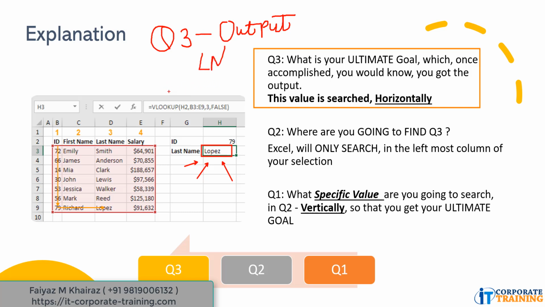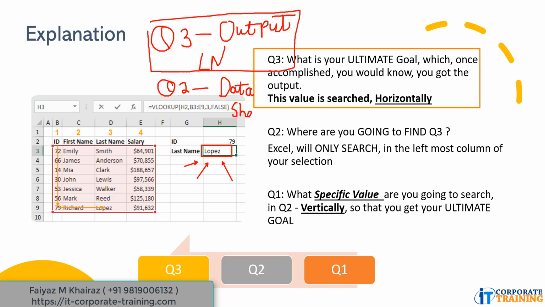Perfect. Then I would conveniently move to Q2, asking myself where will I find this Q3? The answer to that is in the data. Therefore, I will write the word data over here. Also, I will go ahead and write the sheet name over here, just to make it a little easy for me. Remember, this is for me only.